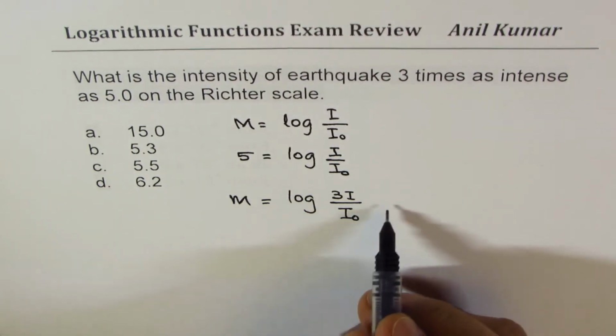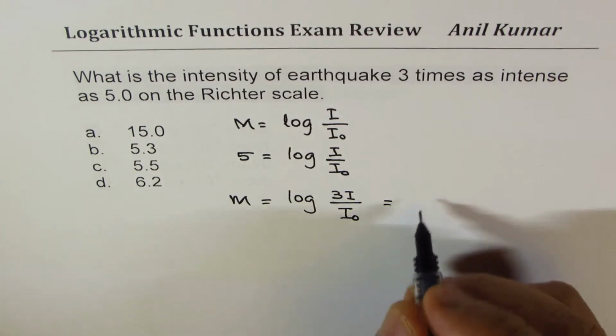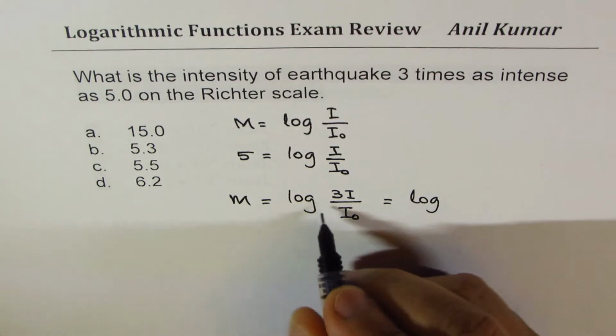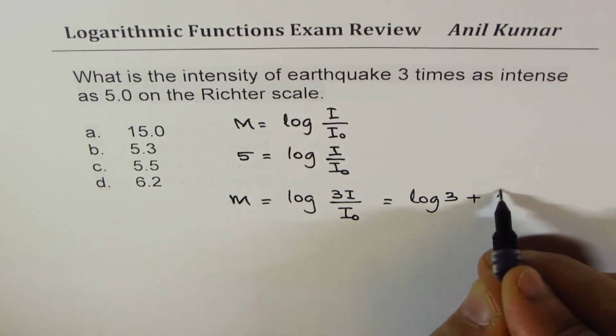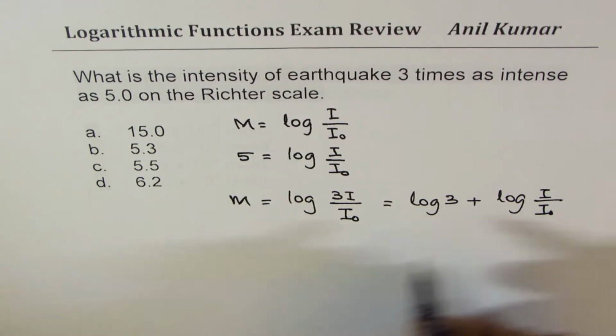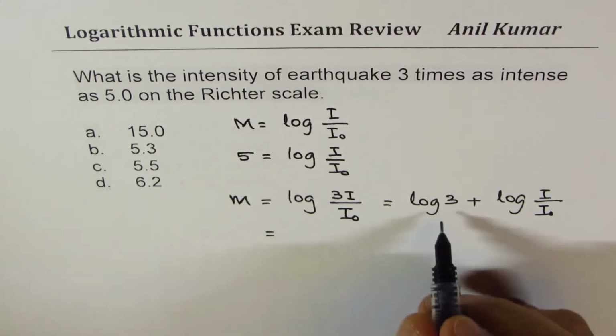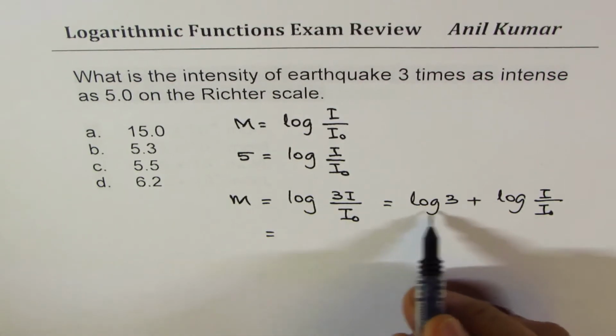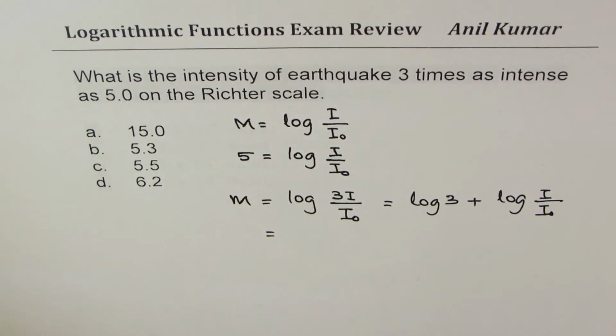Is it okay? This is what we need to find. Now, applying the logarithmic rules, I could write this, because that becomes a product, correct? So we could write log of 3 plus log of I over standard intensity, and we know that log of I over I0 is 5. We need to figure out what log of 3 is equal to. So let's find this out.